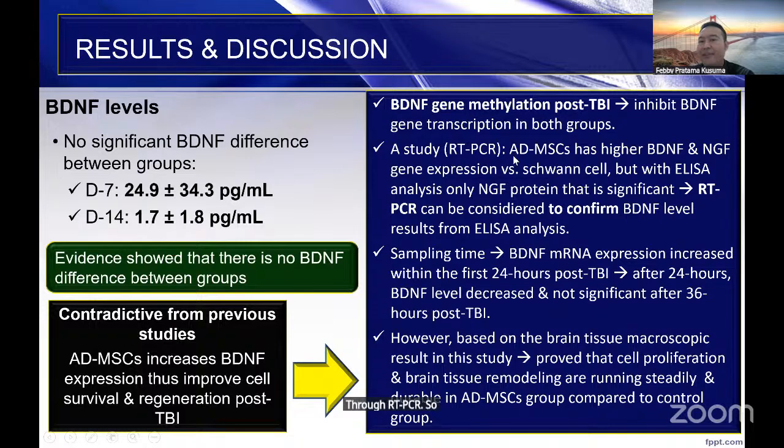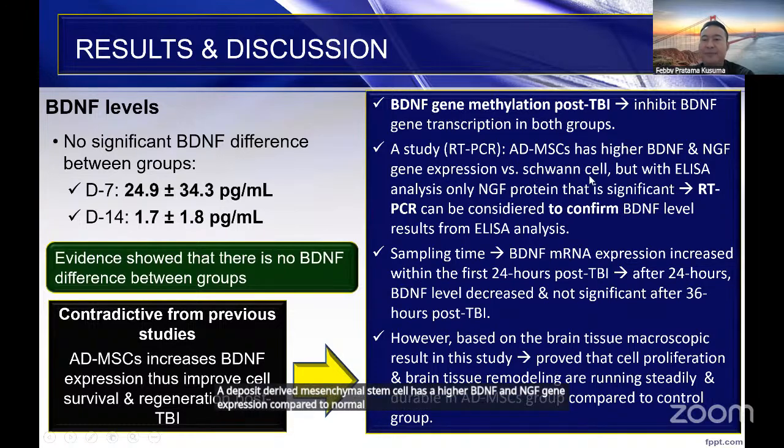They found that adipocyte-derived mesenchymal stem cells have higher BDNF and NGF gene expression compared to normal Schwann cells. But after they confirmed it with ELISA analysis, only NGF protein was significant. So for the next study, RT-PCR can be considered to confirm the BDNF level from ELISA analysis.